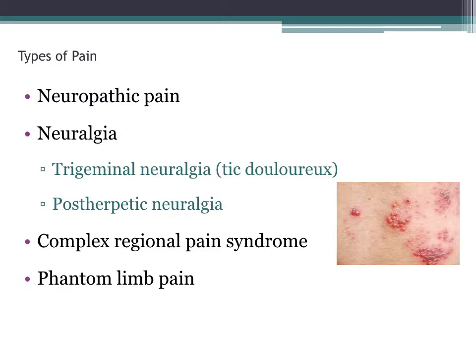There's a lot of theories of the cause, but one of them is this, that the end of the regenerating nerve becomes trapped in the scar tissue of the amputation site, and or that there's spontaneous firing of the spinal cord neurons that have lost their normal sensory input.